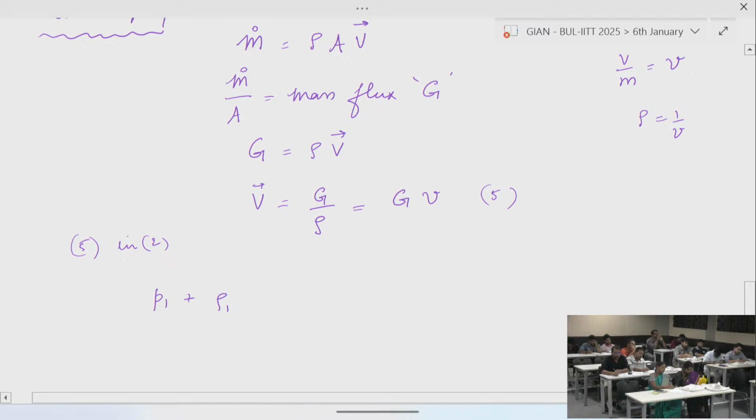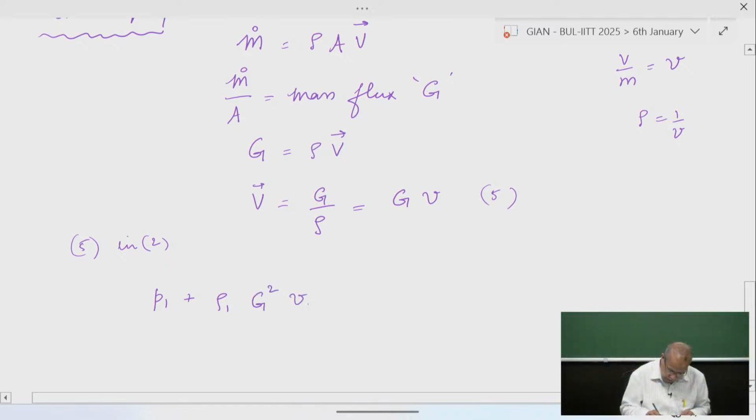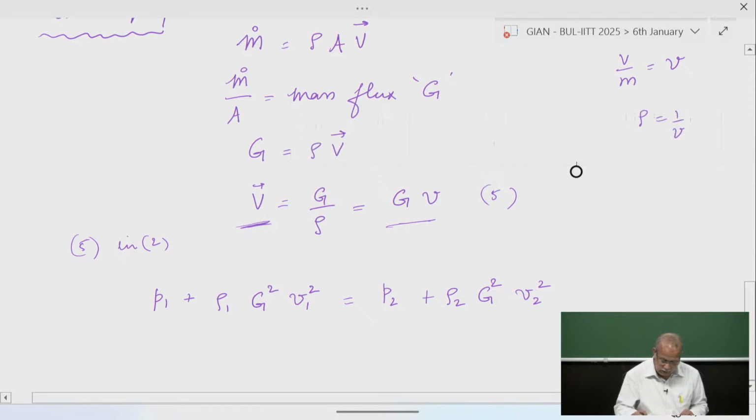In place of V1 square, I can write G square, specific volume square, is equal to P2 plus rho 2 G square, specific volume square. So just substituting velocity as G into V in the momentum equation here.